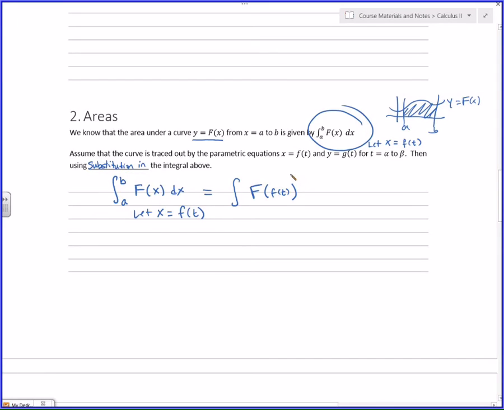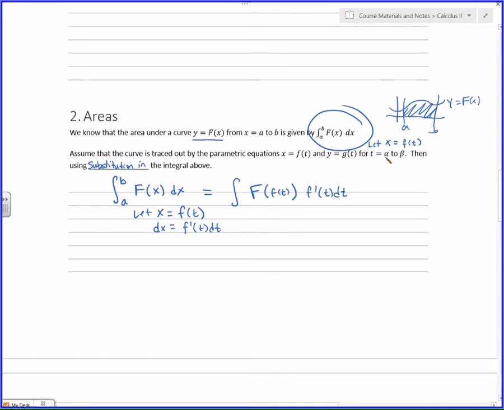Plug in your substitution. That's the first thing you change, your integrand. Second thing you change is the differential. So what's dx? If x is f of t, it's f prime of t dt. So that's f prime of t dt here. And then you change your limits.